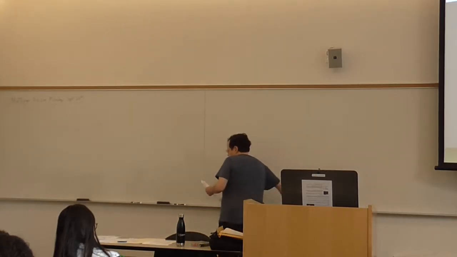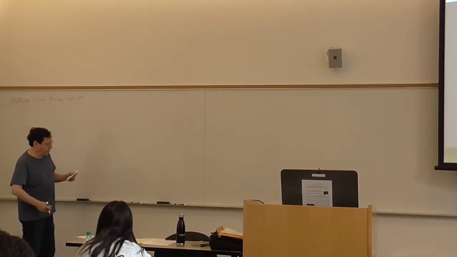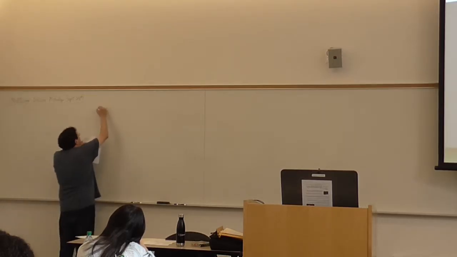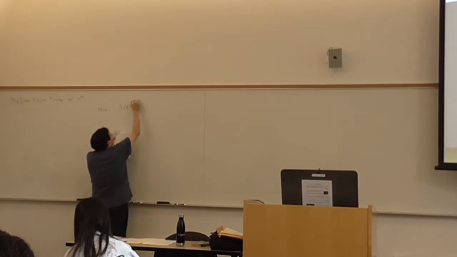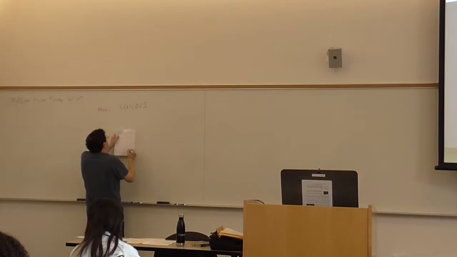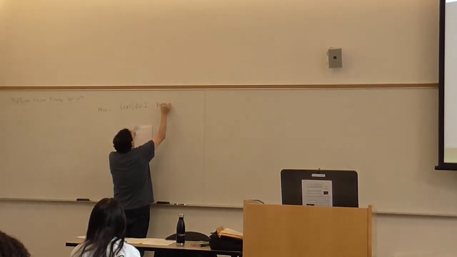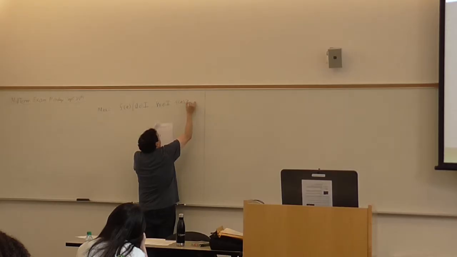The book gives us a really kind of obscure seeming definition, but let's go over it. So a maximum is the function at some point A such that A is a member of some interval, and for all the x's that are on that interval, f of A is greater than or equal to f of x.